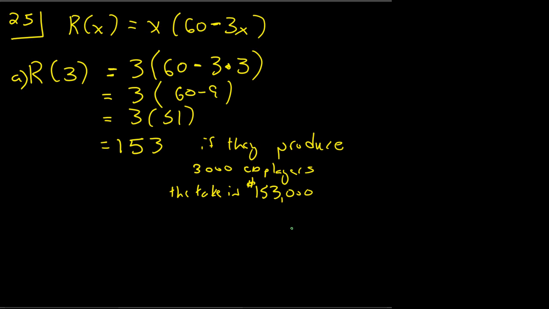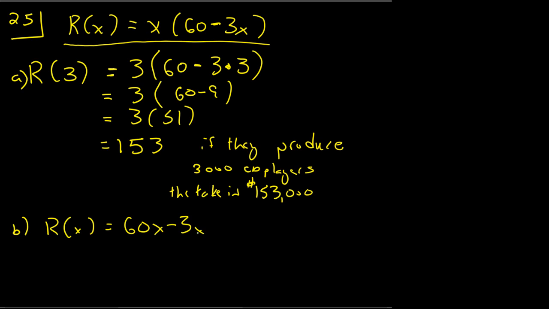How many CD players should they produce to maximize their revenue? And so maximizing, we're going to realize, hey, this function is quadratic. So I'm going to multiply the x through, and write it in descending order.